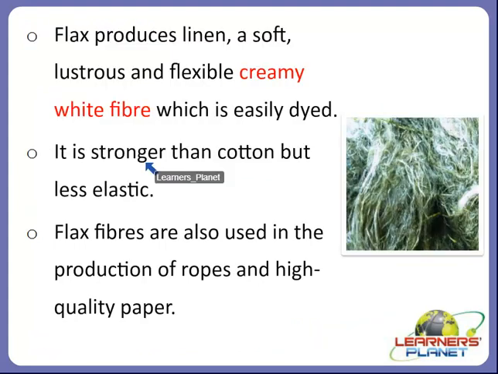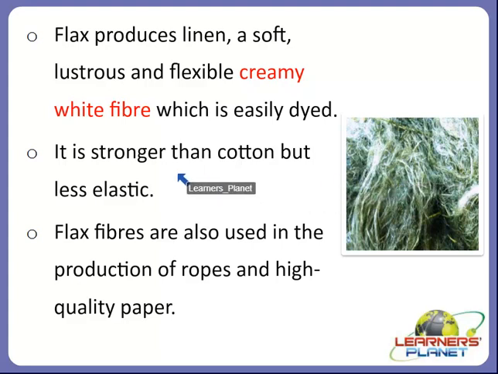Basically, flax produces linen, which is a soft, lustrous and flexible, creamy white fiber which is easily dyed. So here is a picture of a flax fiber. It is linen, which is very soft, lustrous and creamy white. It can be easily dyed, meaning any color we want, we can dye it with that color and have our favorite color.